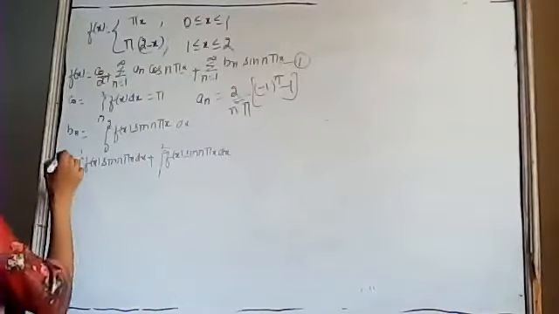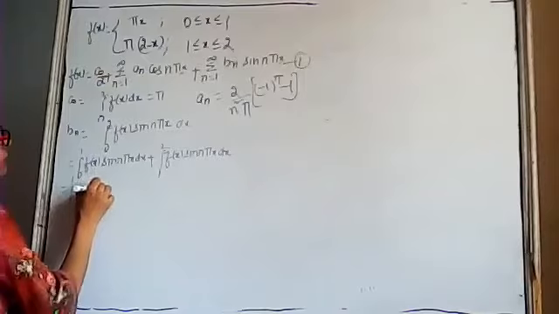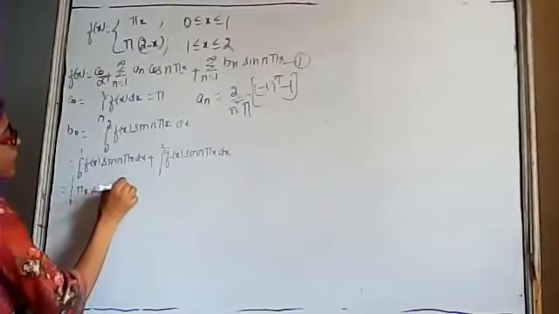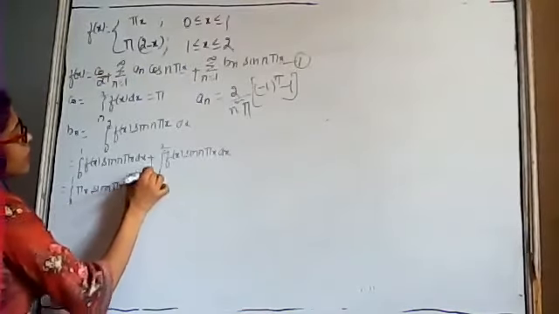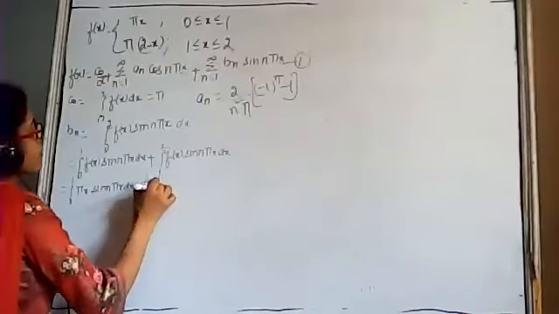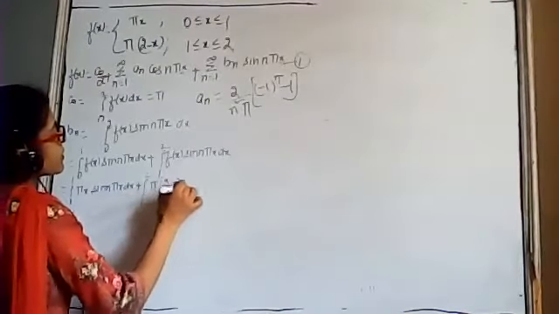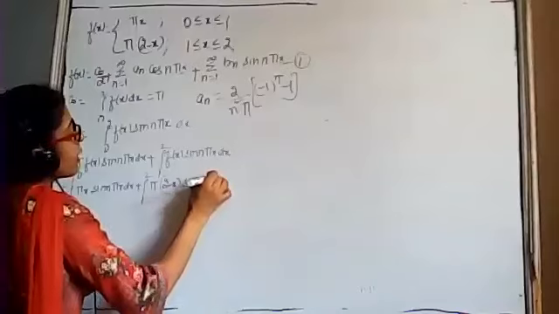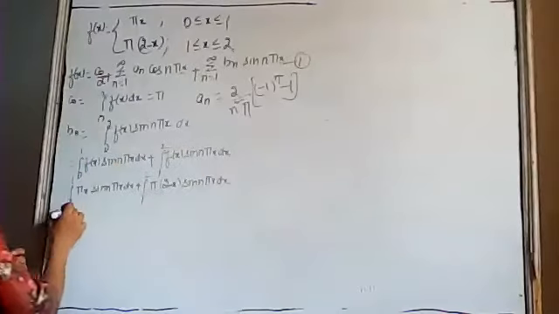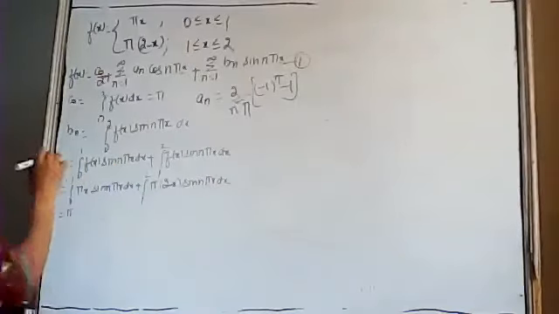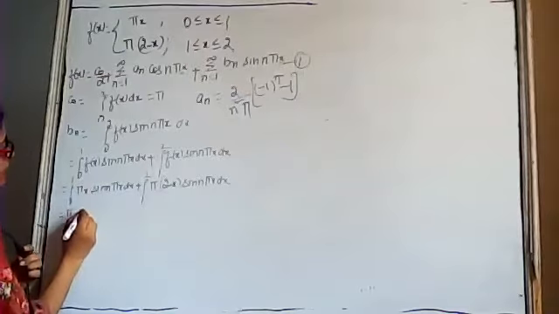So in the interval 0 to 1, the value of fx is pi x sine of n pi x dx, plus in the interval 1 to 2, the value of fx is pi into 2 minus x into sine of n pi x dx. Pi, I'm again taking it outside the bracket, outside the integral sign.